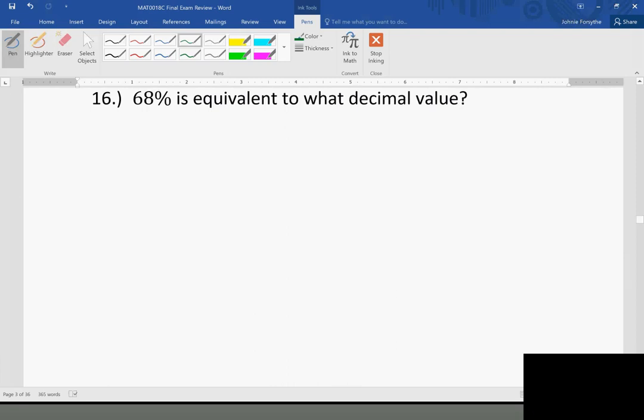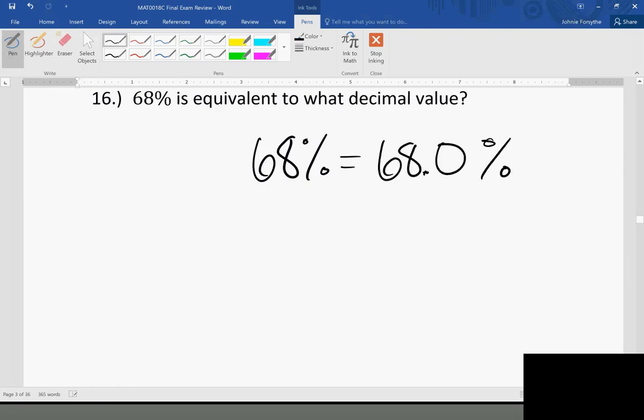Okay, 16. 68% is equivalent to what decimal value? So we could do a similar thing. Right now 68% is the same thing as saying 68.0%, right?